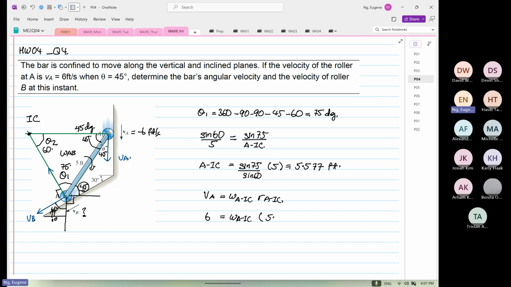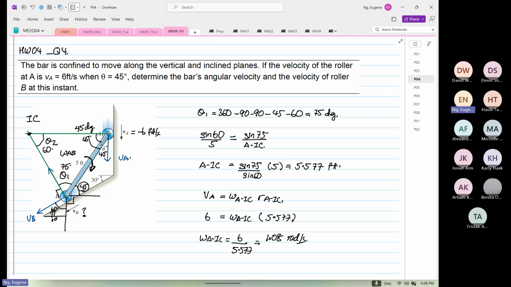R AIC is equal to 5.577. Omega AIC is equal to 6 divided by 5.577, which is 1.08 radians per second, and it's correct. So it's working out the angles. Once you have the angles, you are good to go. If you don't know the angles, that's where the problem is. Now we know this is going in this direction.